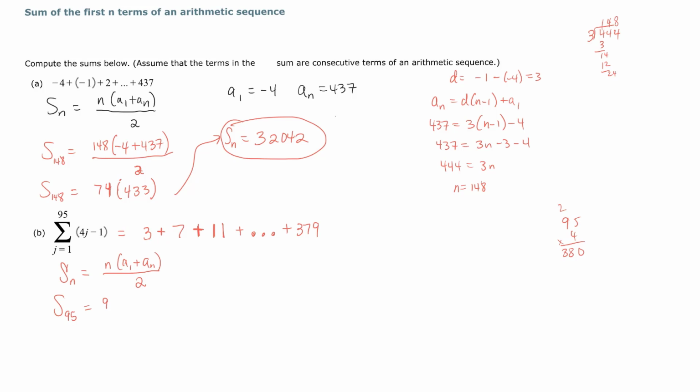So that'll be 95 times, a sub 1 is 3, so 3 plus 379, and of course, divide by 2. You can go ahead and use a calculator for this. S sub 95 is equal to 18,145. I could circle the final expression.